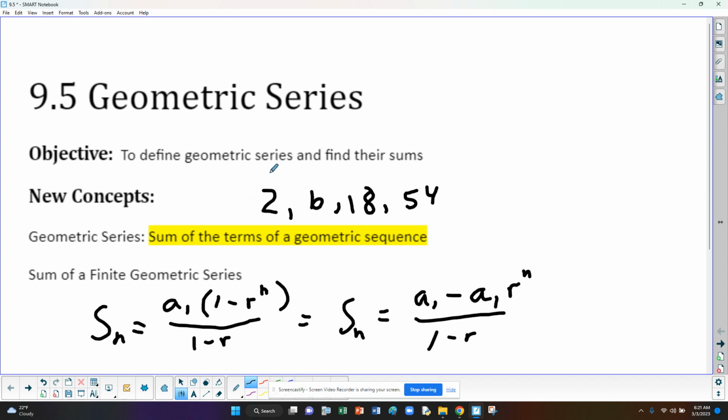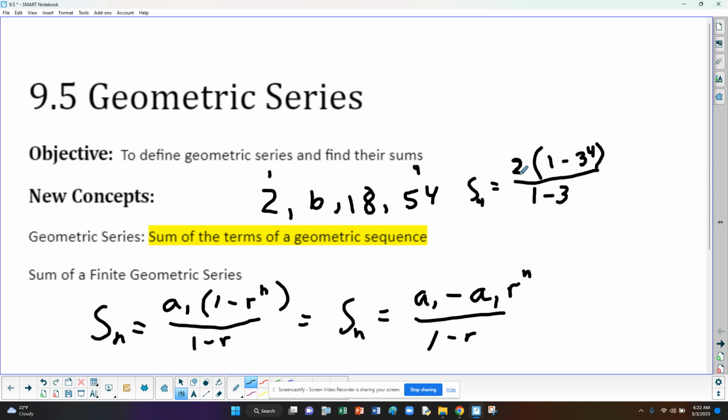So here, if I have 4 terms, 1 through 4 here, I'm just going to use this first one. This would be the sum of 4 terms equals, I start out with a first term of 2 times 1 minus my common ratio of 3 to the 4th power, all over 1 minus 3.